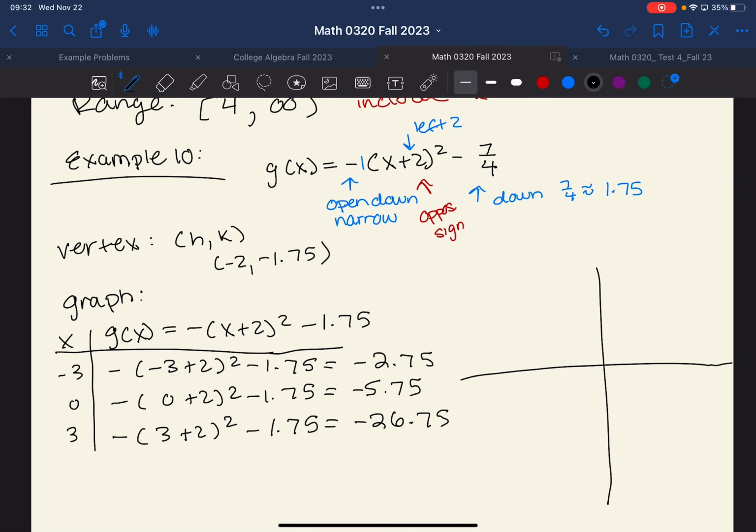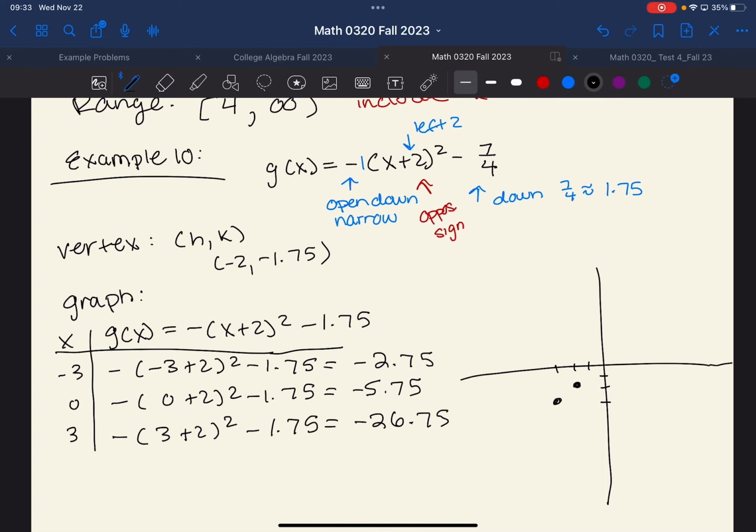So plotting my vertex, I have negative 2, negative 1.75, so about right here. And then I have negative 3, negative 2.75, about right here.